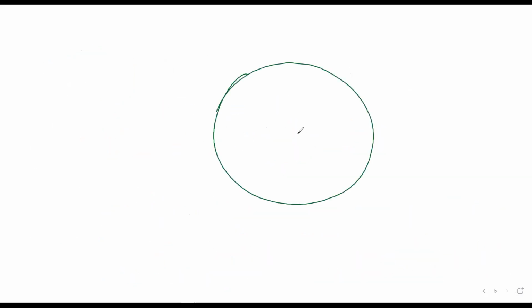For example, you take your compass and you draw a circle, say, of 10 centimeter radius. Then, using some means, you measure the length of the arc, starting from any random point. It is not necessary to start from here. So let me take it like this. So this would be 10 centimeter.